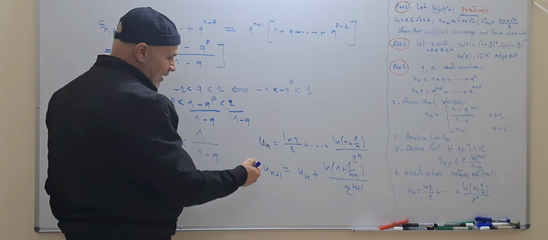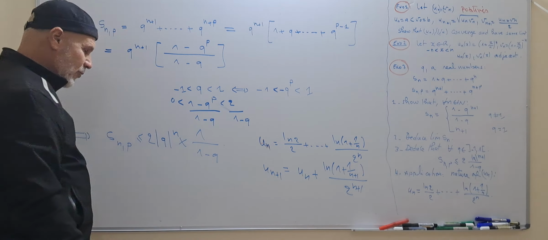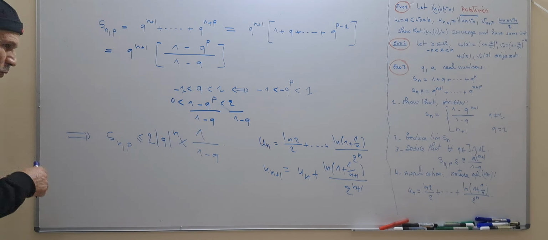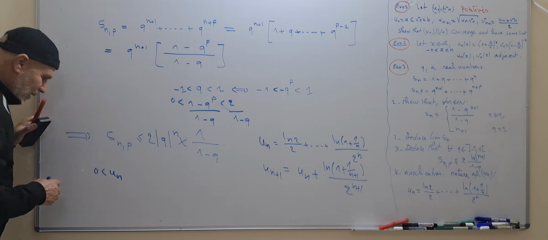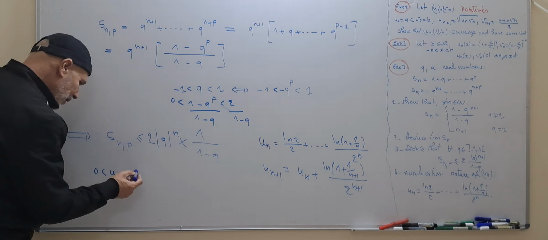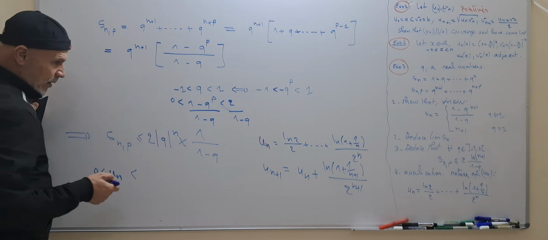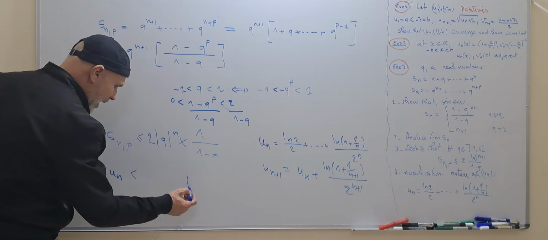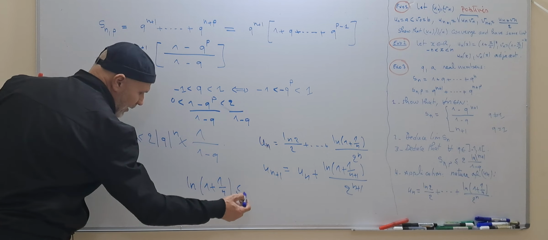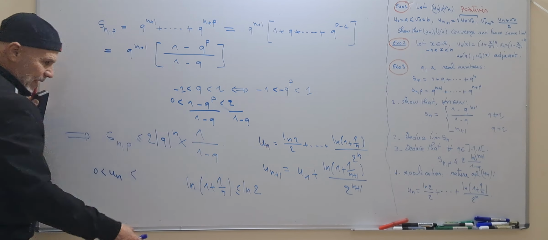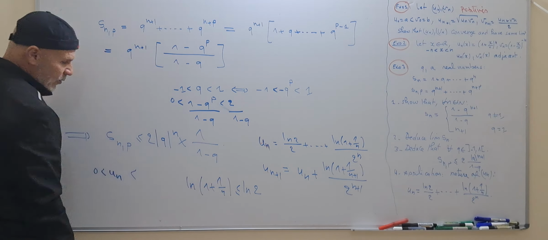If we prove that it is upper bounded, it will be convergent using the famous theorem. What we can show is that u_n is positive, but it is less than... the natural logarithm is less than 2 for all n, because this is less than 2.